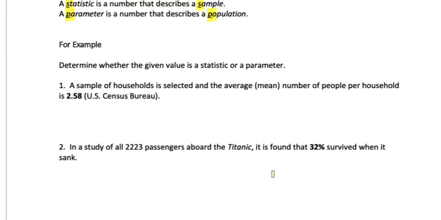So for this example, we want to determine whether the given value is a statistic or a parameter. So looking at question 1, it says a sample of households is selected and the average mean number of people per household is 2.58. So the key word in this problem is sample. We're looking at a sample of households, which means that the number 2.58 is a statistic.